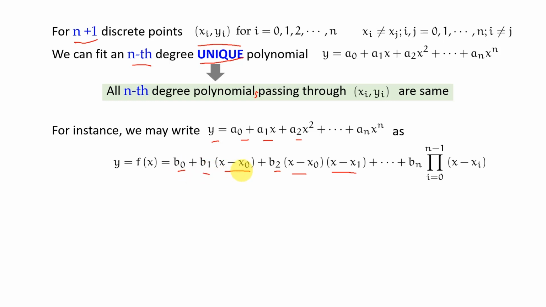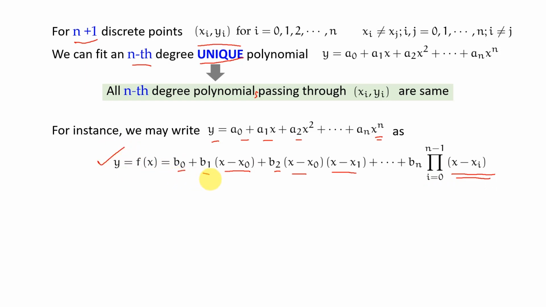Similarly, b1 times x minus x0 and b2 times x minus x0 times x minus x1 also contain x to the power 0. And then the maximum power is x to the power n. With bn, I have the product of x minus xi. If I multiply all these x minus xi's, I can see the maximum power of x will come in xn.